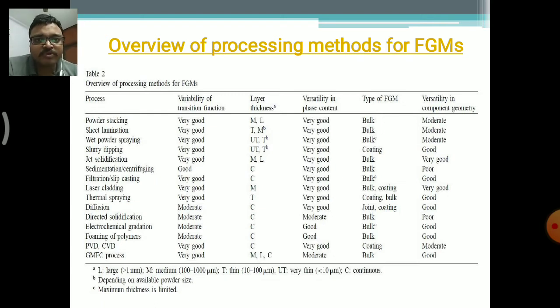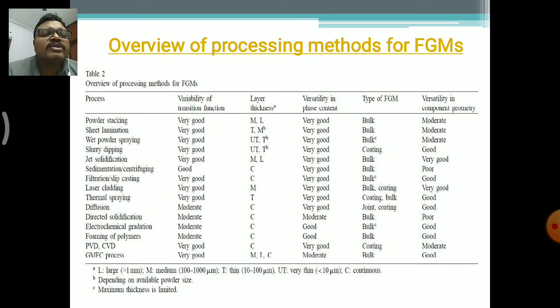There are very good and moderate processes. The next one is the layer thickness. M means medium, L means large, T means thin, VT means very thin, and UT means ultra thin.